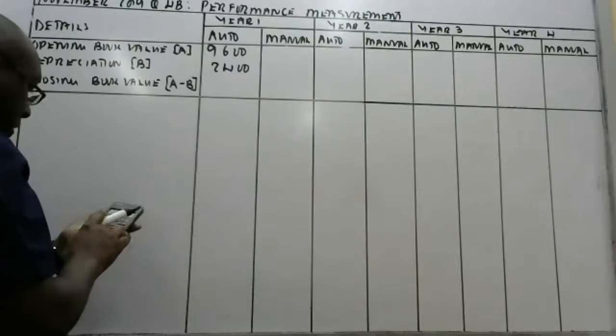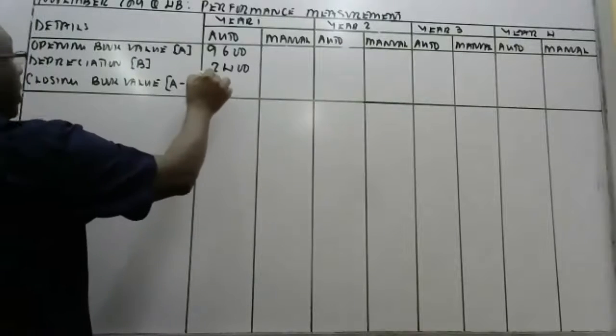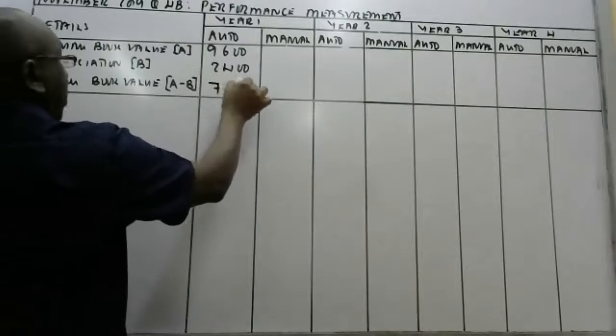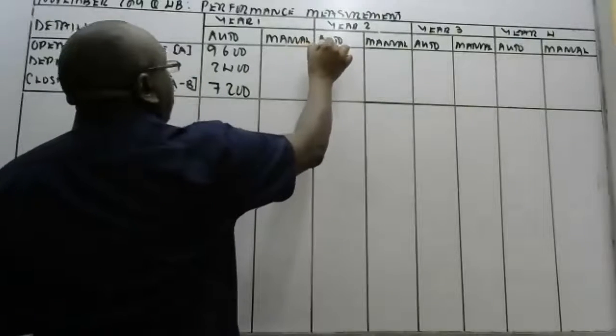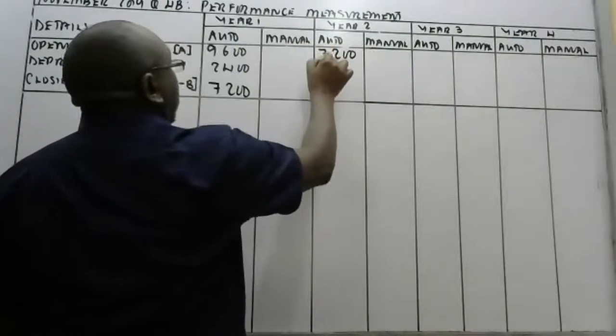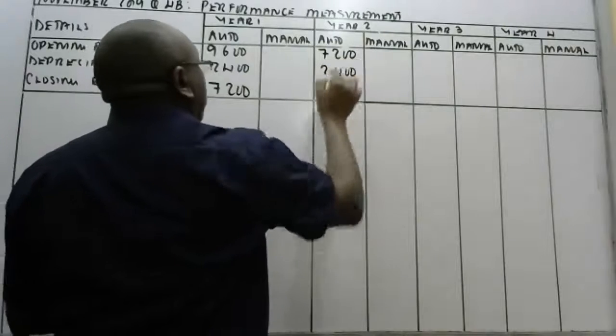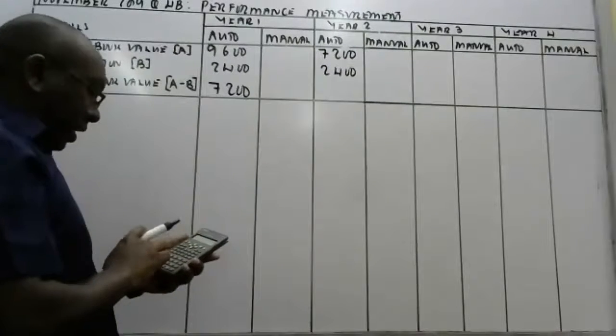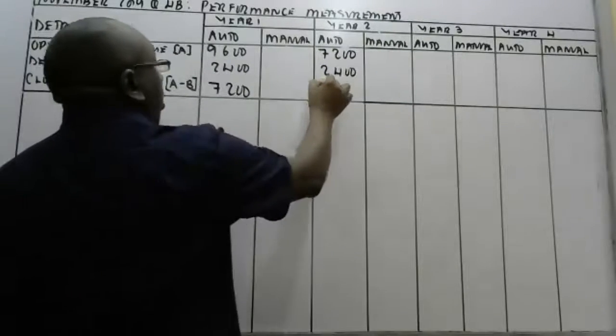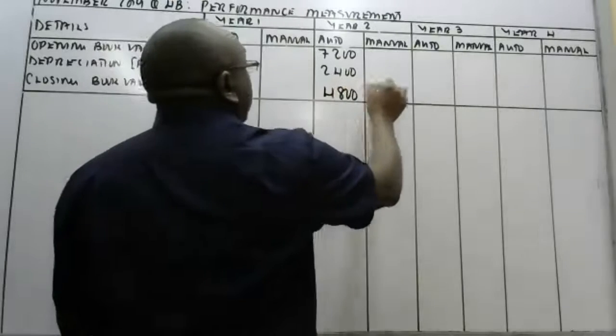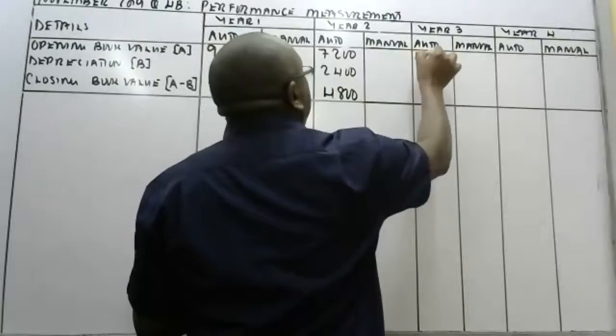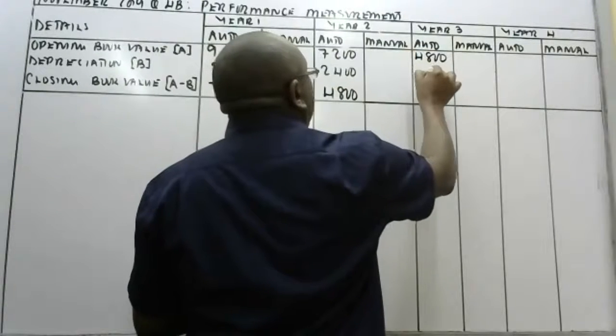So when you say 9600 minus 2400, the closing balance is 7200. That becomes the opening balance the second year. You less 2400 again, you record 4800. That becomes the opening balance for that year.